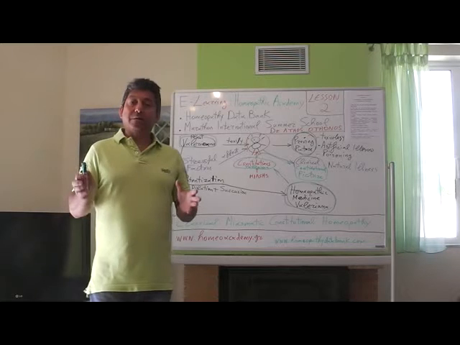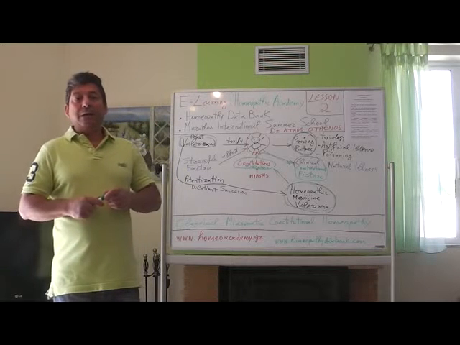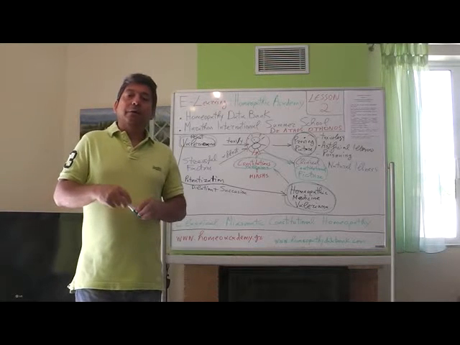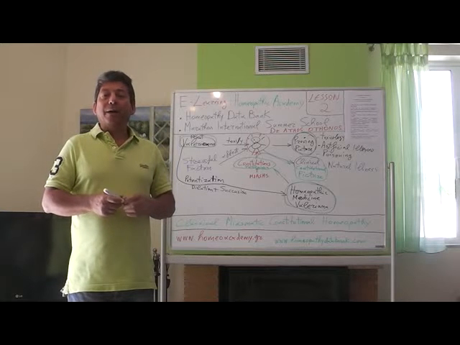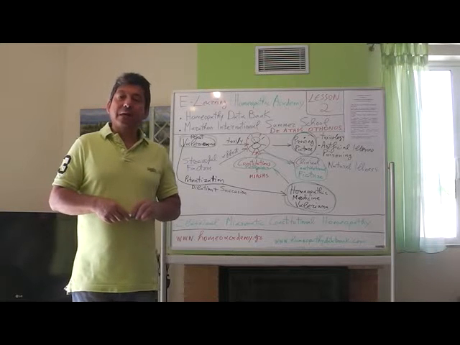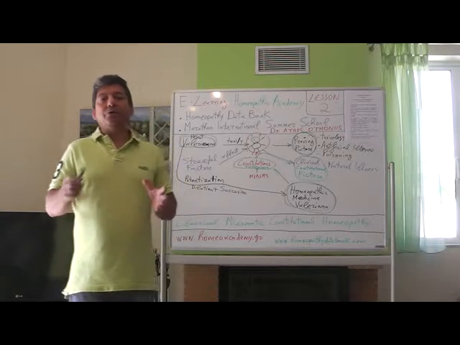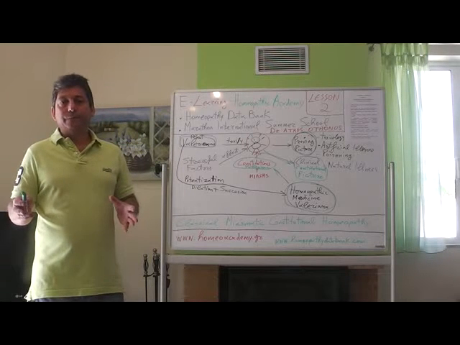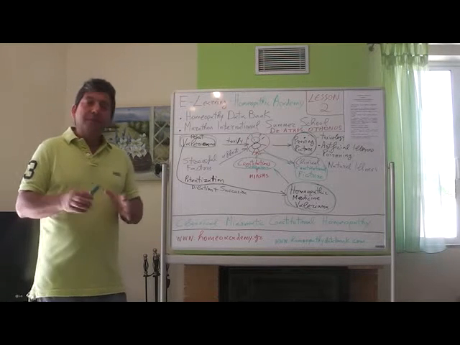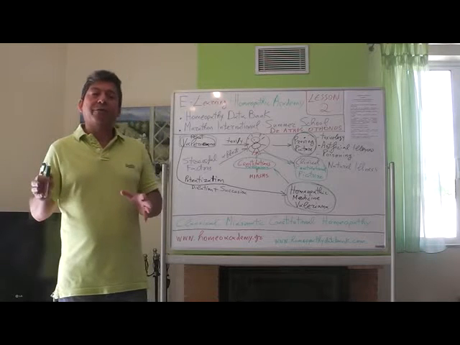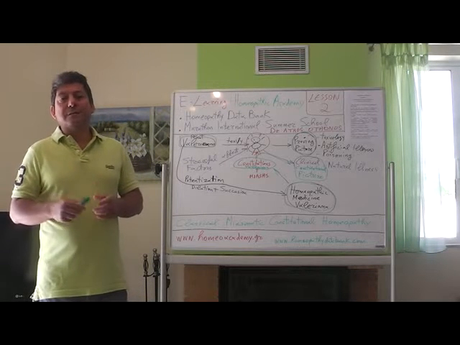For example, diabetes mellitus relies on the malfunction of pancreas, of the cells of pancreas that produce insulin. Okay, this is the pathogenetic path that causes this disease.